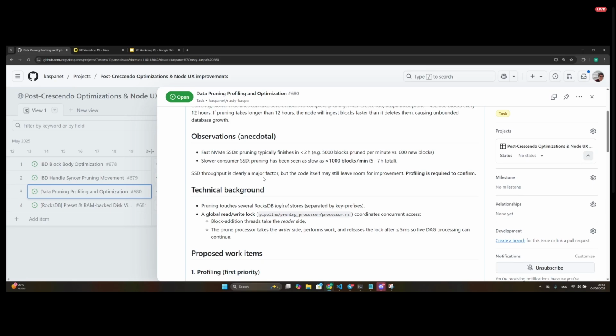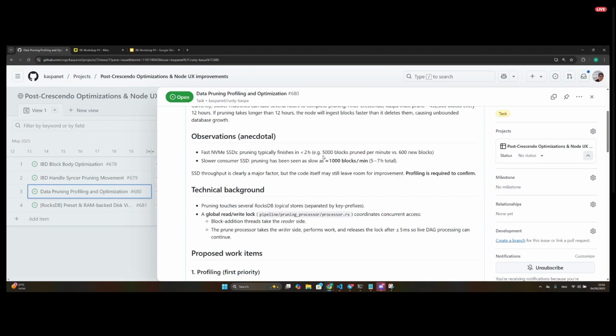But on some slower consumer SSDs, like this laptop I'm working on, it was slightly slower, like 1,000 blocks per minute, where we produce 600 new blocks per minute. So still okay, but definitely something we should optimize ideally. The thing you can take from here is that it's not only related to block data.